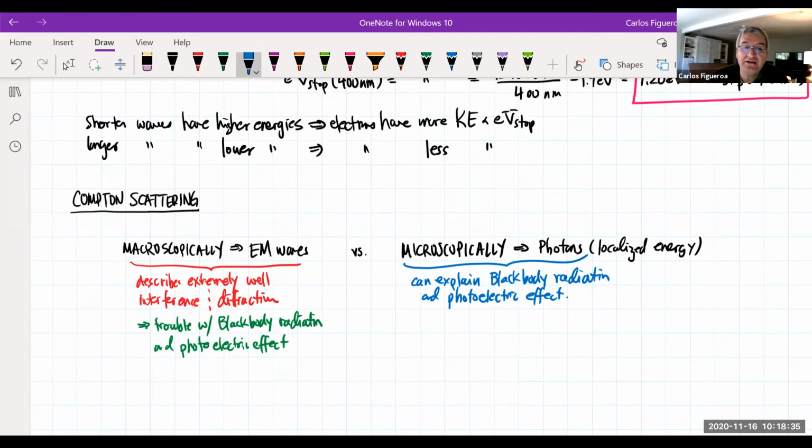I think it was in 1908. He went back and revisited the black body radiation problem, and he did a particle calculation with massless particles, and he re-derived the black body radiation curve with massless particles in a box.